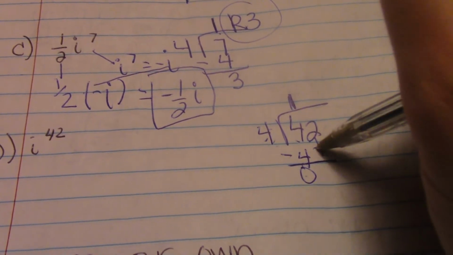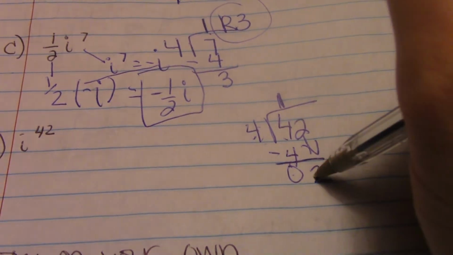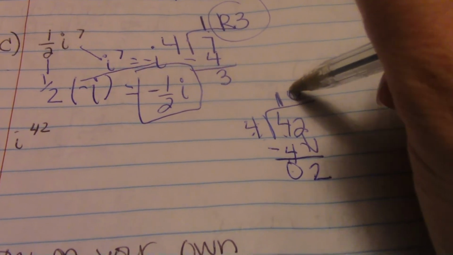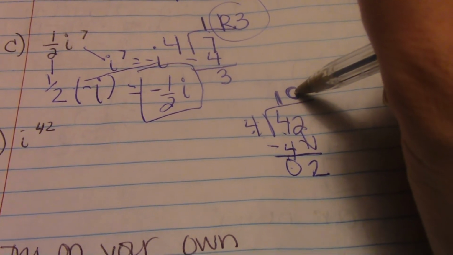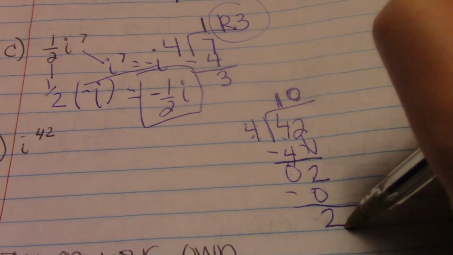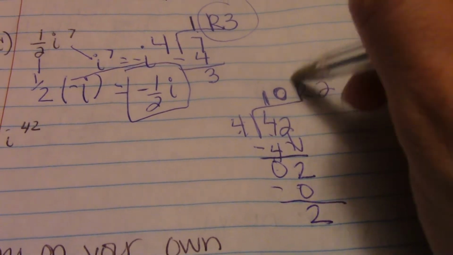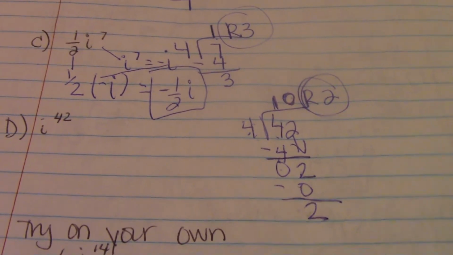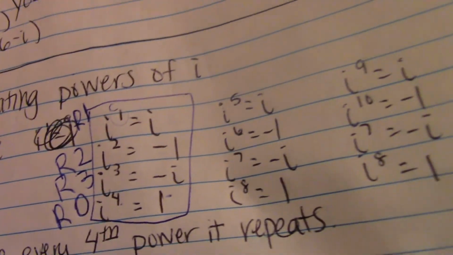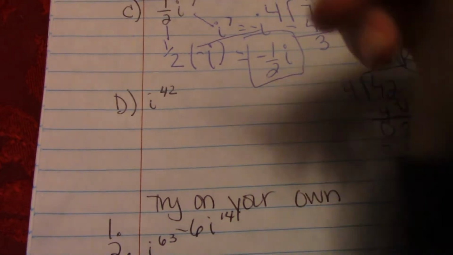So bring down my 2. 4 goes into 2 no times. So 0 times 4 is 0. 2 minus 0 is 2, so my remainder is 2. If I'm looking at a remainder of 2, that is a negative 1. So i to the 42 power is just negative 1.